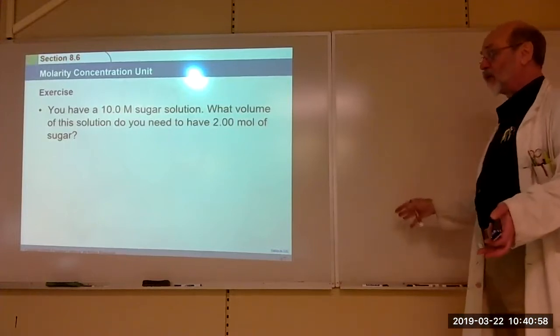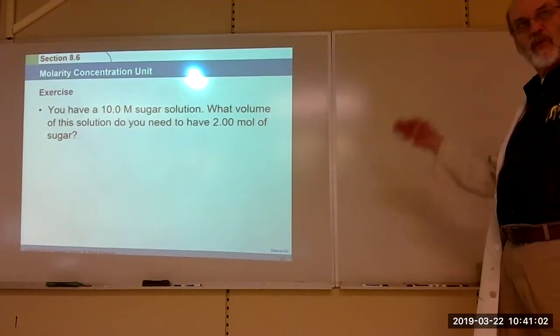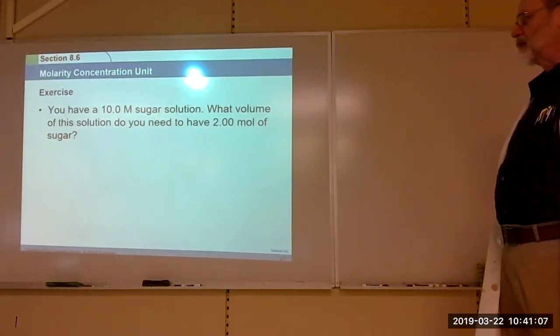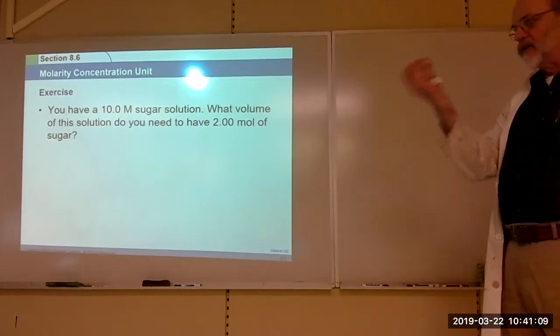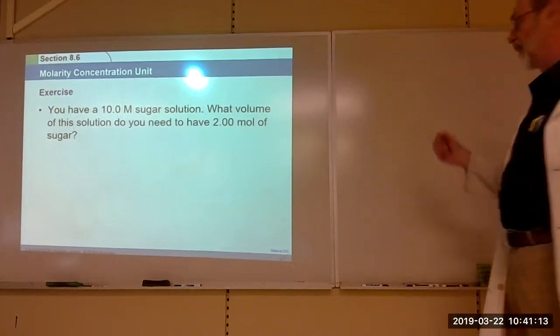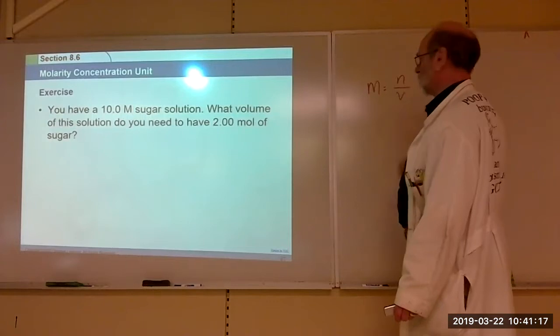So if you have 10 molar of a sugar solution, we had 8 molar before, but say we have a little more concentrated, 10 molar. What volume of the solution do you need to have in your possession to get 2 moles of sugar? Right, so you go back to your definition, molarity equals moles divided by volume.